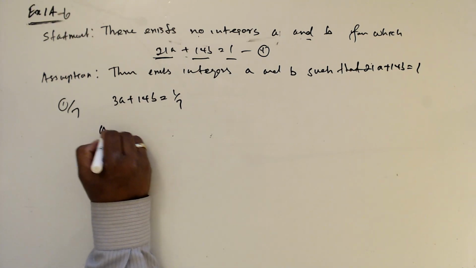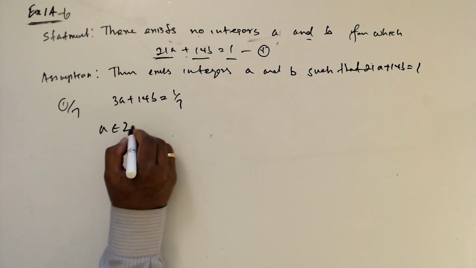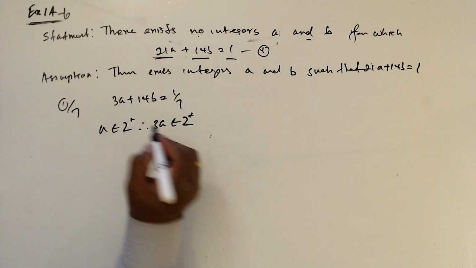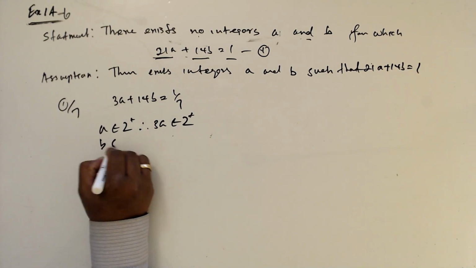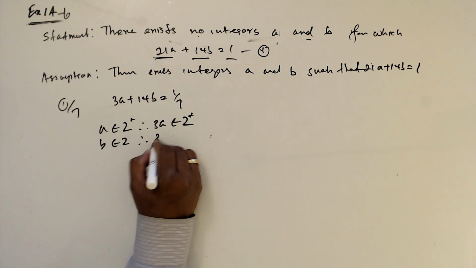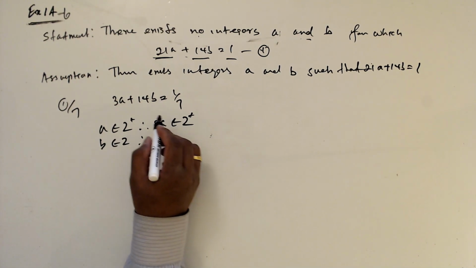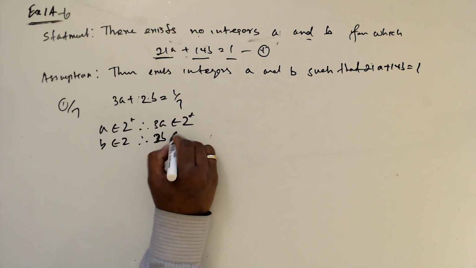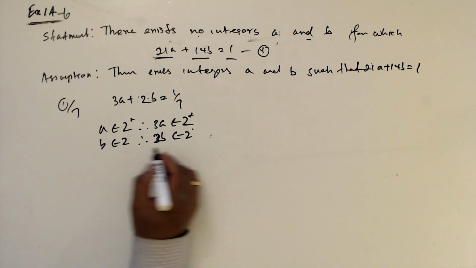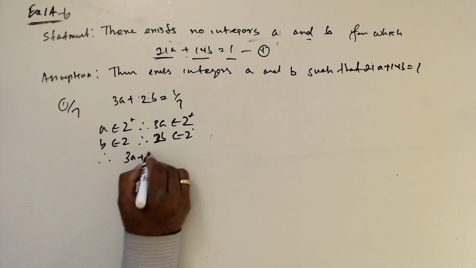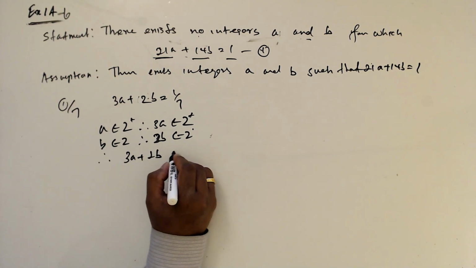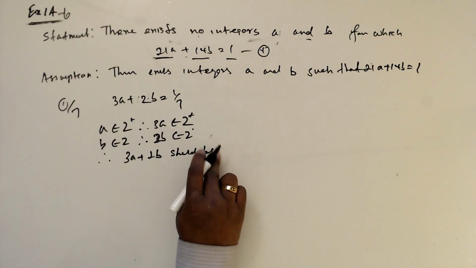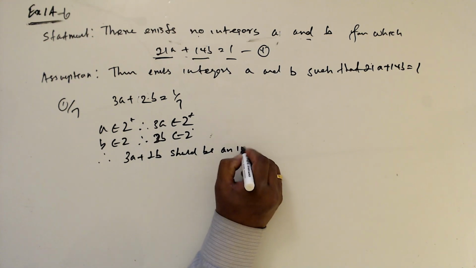So a is an element of integers, hence 3a is an element of integers. b is an element of integers, hence 2b is an element of integers, hence 3a plus 2b should be an integer.